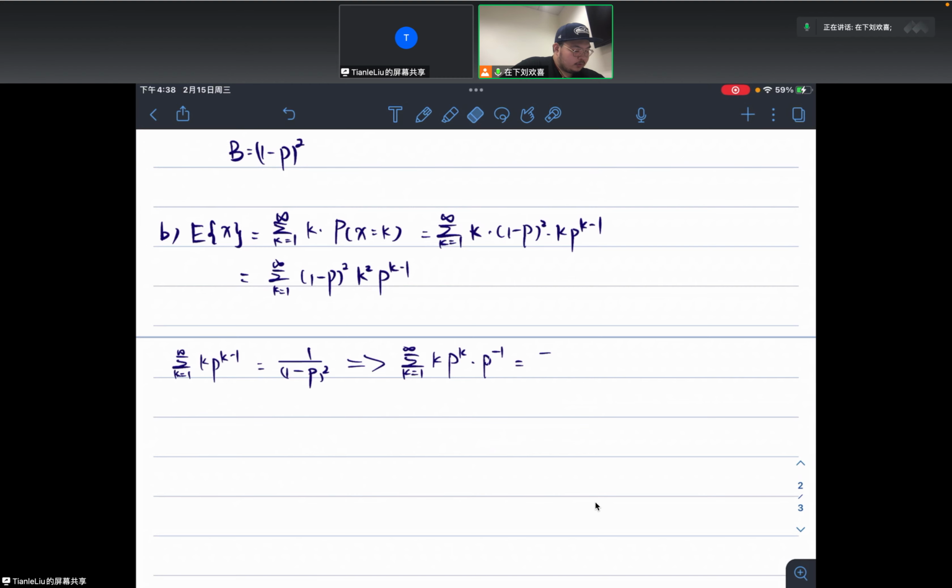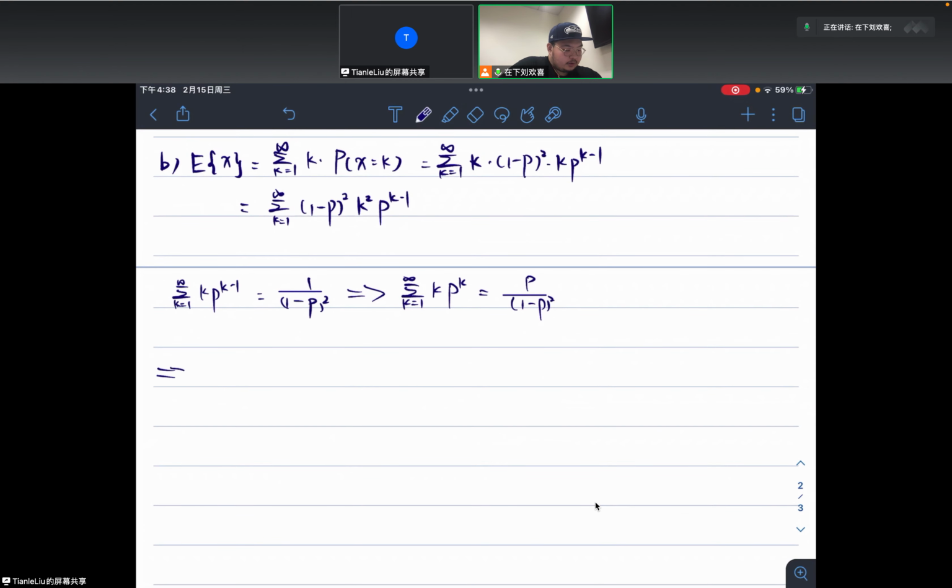We can move the p to the power of minus 1 to the right side, which is 1 over 1 minus p squared with p over it, right? So then we do the differentiation again.